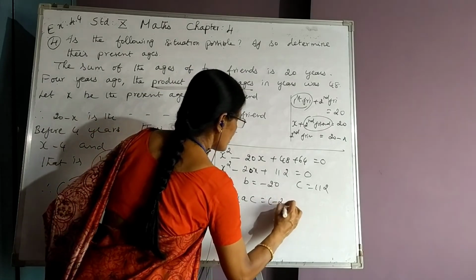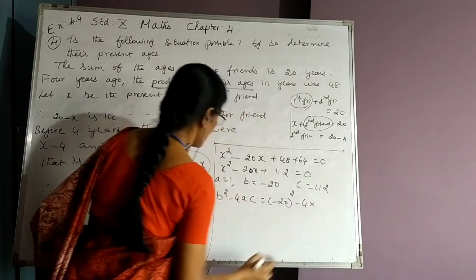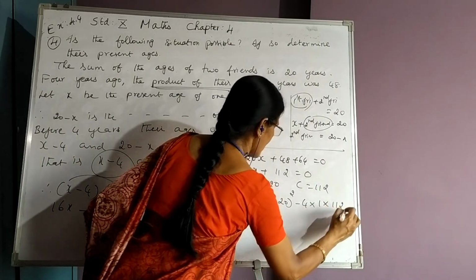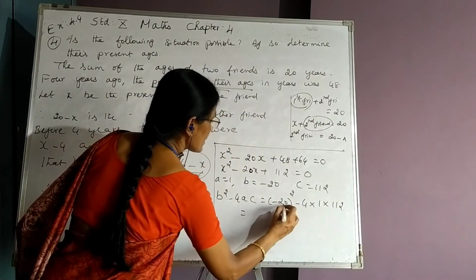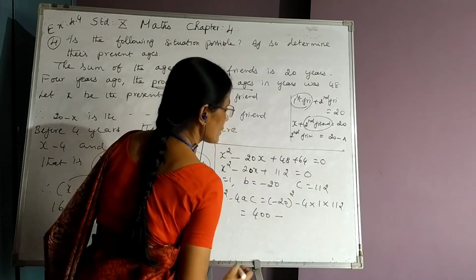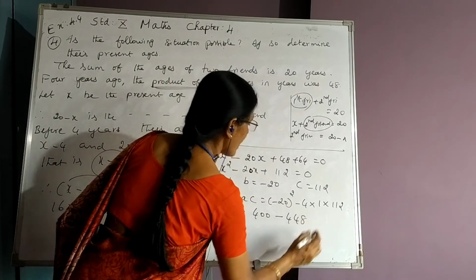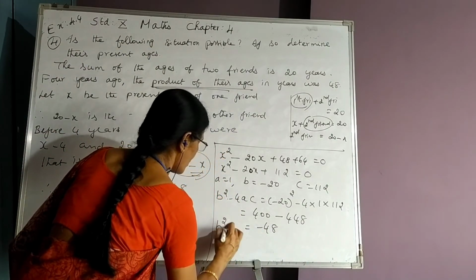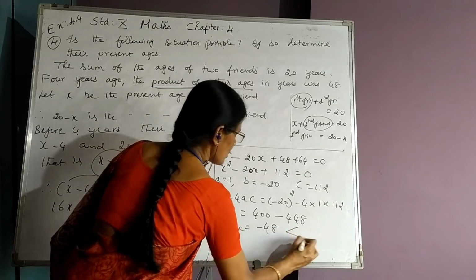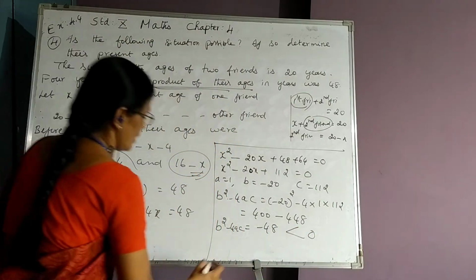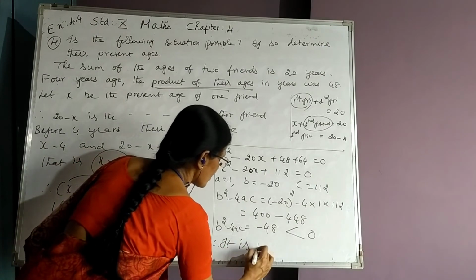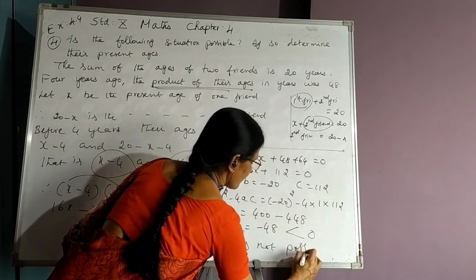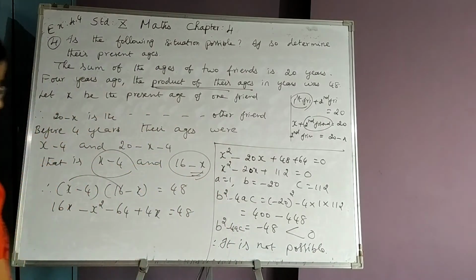It is minus 20 square minus 4 into 1 into 112, which is 400 minus 448, equal to minus 48. Therefore, b square minus 4ac is less than 0, so the situation is not possible. Therefore, we cannot find the present ages of these two friends.